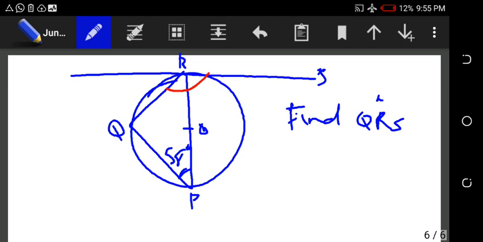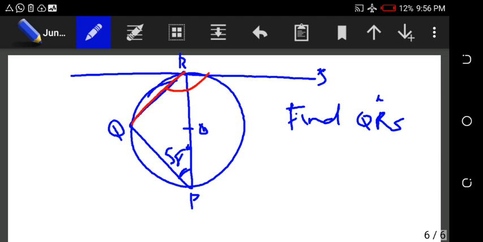QRS. Now the question becomes, how do we calculate that? Okay, let's see it this way. Now, when we consider chord or line QR, consider this line here, QR, that is a chord.